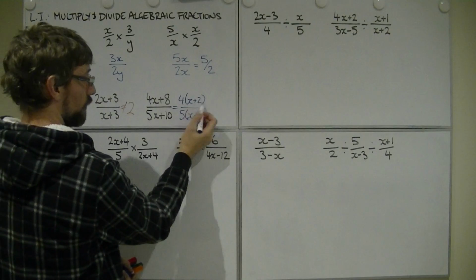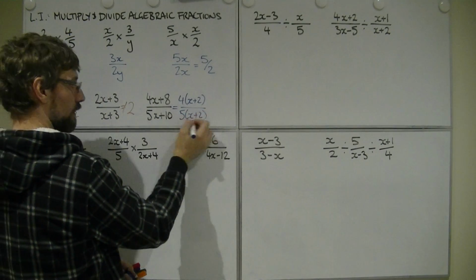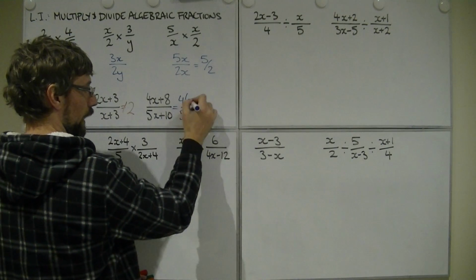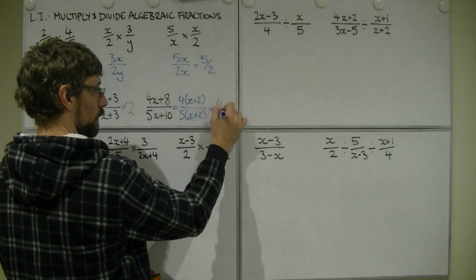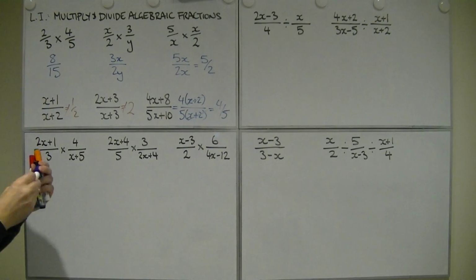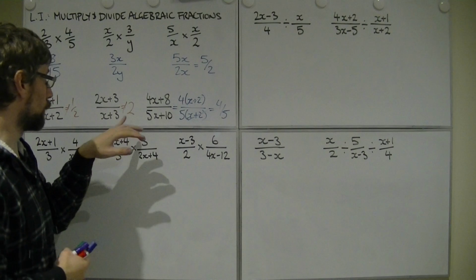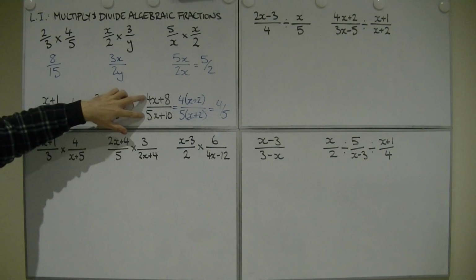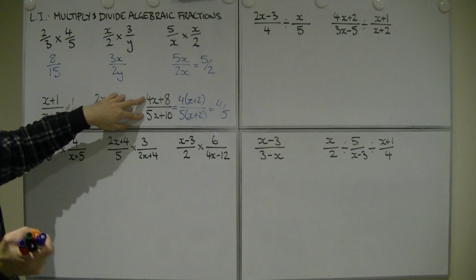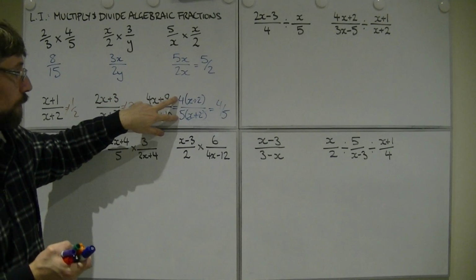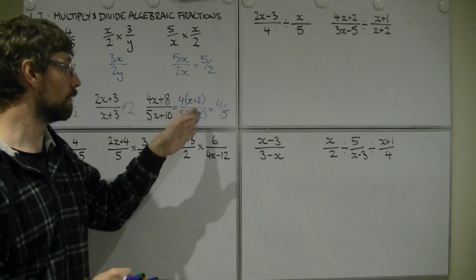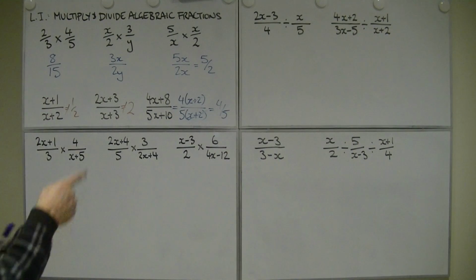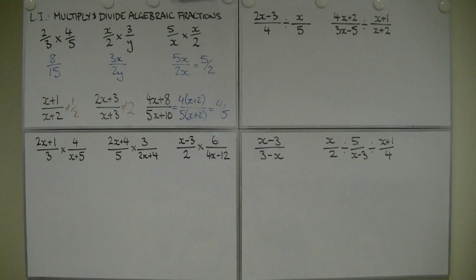That's 4 times this set of brackets and 5 times this set of brackets, so I can cancel those two down to get 4 and 5. So what we're going to be careful about is not making erroneous cancellations, but whenever you get something, it doesn't mean that necessarily nothing can be done. If you can factorise the top and the bottom, then there might be something in common, and you might be able to keep going. So that's something else that you just got to look out for.